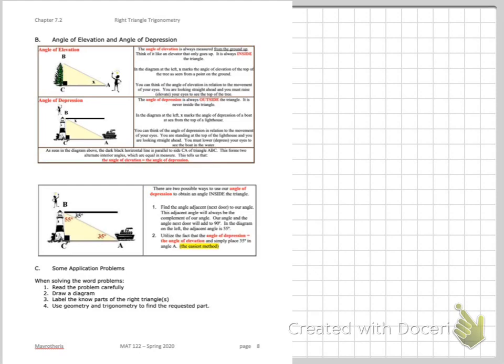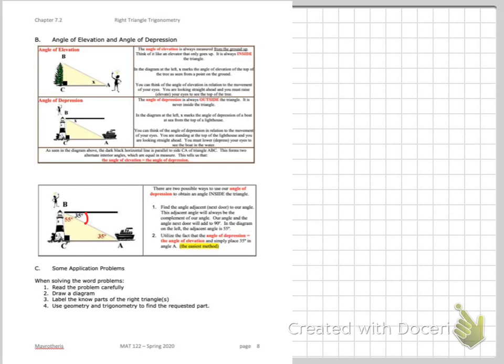The thing is that the angle of depression is made with the horizontal, and so it does not always fall inside the triangle. If you take a look at that very bottom box, when we are talking about the angle of depression from a lighthouse, and we've got that angle of depression right here, it does not do us a whole lot of good outside of the triangle. But think about something.